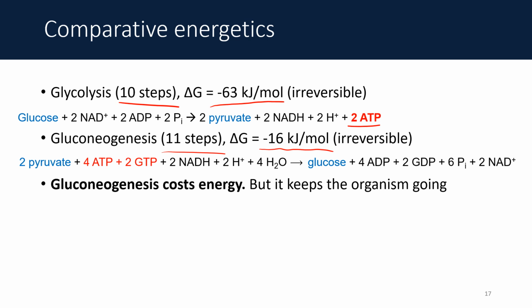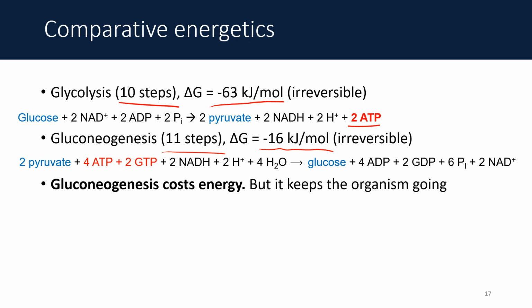So these 2 facts are a big flashing red sign that glycolysis and gluconeogenesis are spiritual opposites, but not literal opposites. If it was just glycolysis in reverse, it would only take 10 steps to do it, and the reaction delta G would be overwhelmingly endergonic. It would be positive 63 kilojoules per mole, unfeasibly uphill, and certainly not spontaneous.